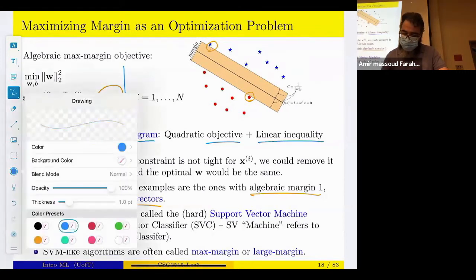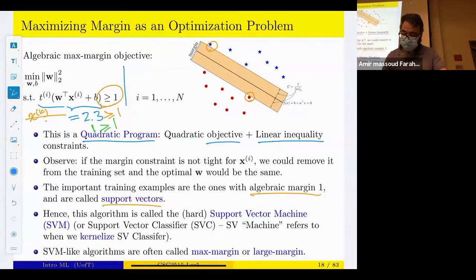Okay, a few other comments. One is: what exactly is a support vector? What I defined, I think, is technically more correct to call a support vector classifier, not a support vector machine, and specifically a hard support vector classifier. We will see soon that there is something called a soft support vector classifier and soft support vector machine.